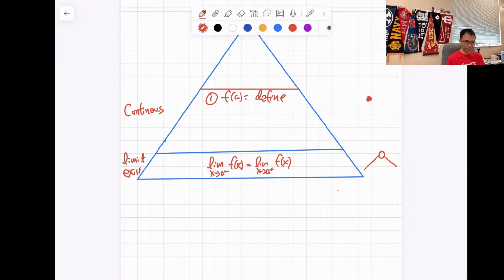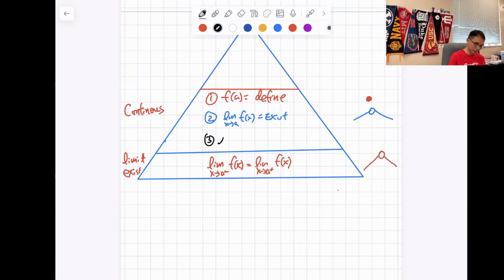We did that. The second condition says the limit as x approaches a of f of x exists, which is the prior thing. So it will look something like this, right? In this case, I have fulfilled 2 conditions. But is this function continuous? No. So what is the third condition?